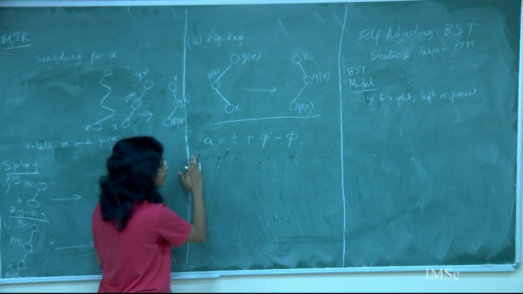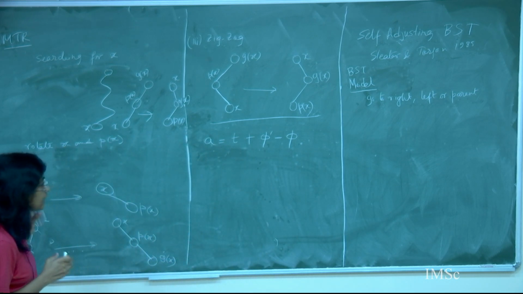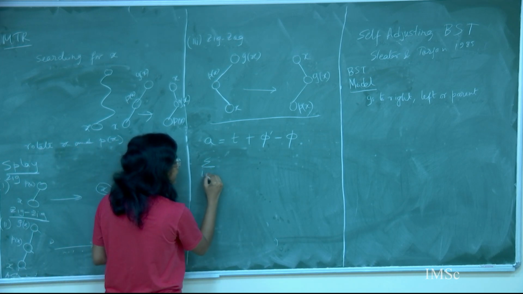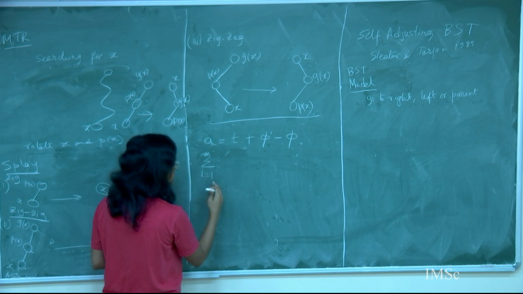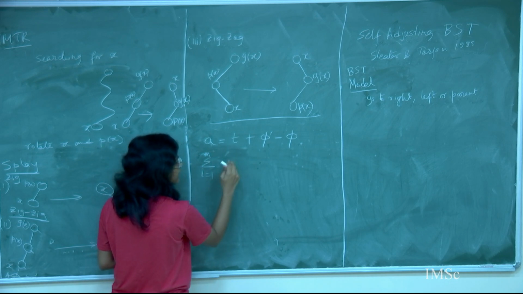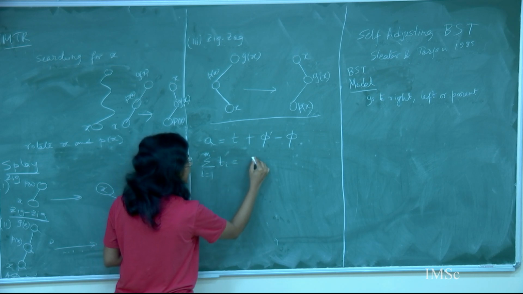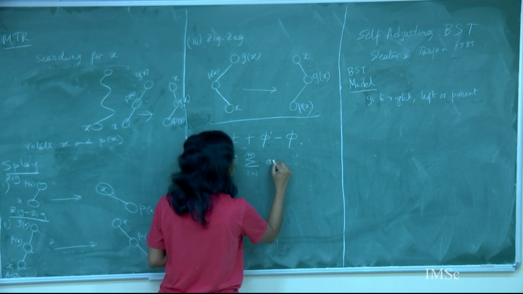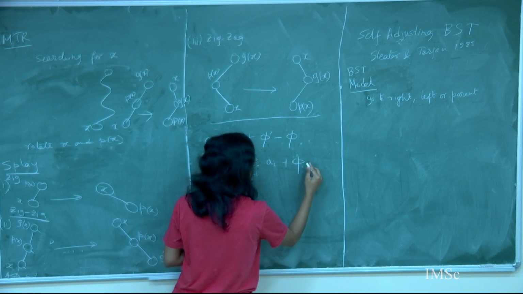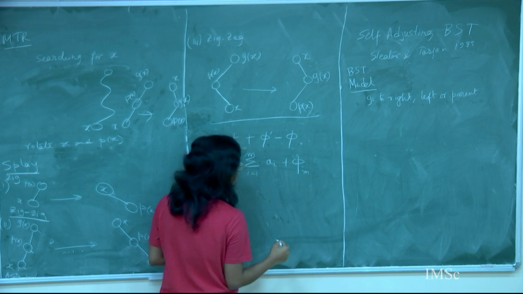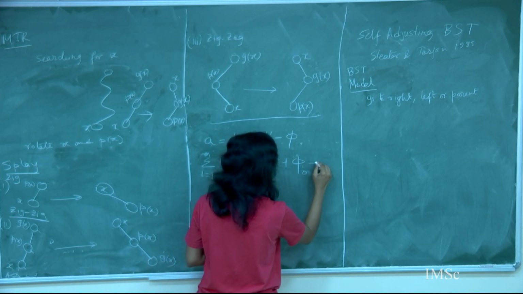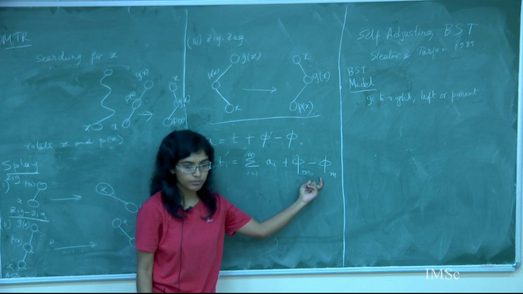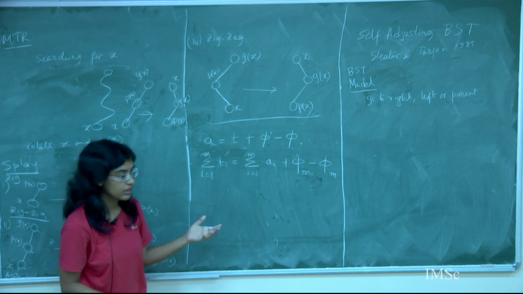So if I want to find the amortized time of a sequence of accesses, i equals 1 to m, or I want to find the actual time of a sequence of accesses, then this will be phi naught, the initial potential, and phi m, the potential after the mth access.